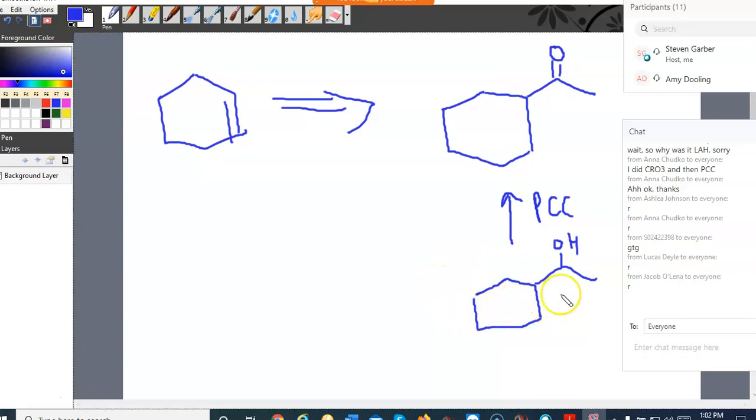All right. And then to get this alcohol, you can do that from a Grignard. So we'll take this Grignard. Let's put a chlorine this time. And then you can add it to this.